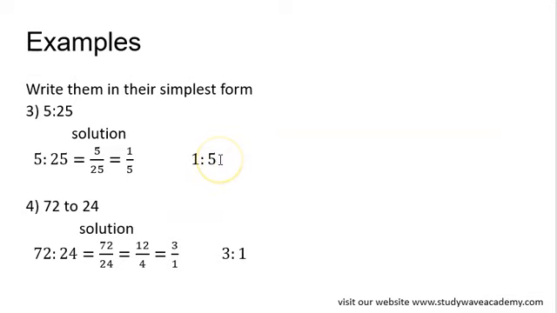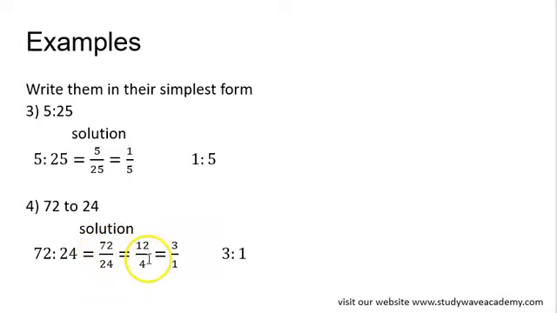Okay, good. Now we're going to look at our other example. Here we have 72 to 24. This also means 72:24. When you see 72 to 24, it means 72:24. So what do we do? We change it into a fraction, 72/24. Then what do we do next?